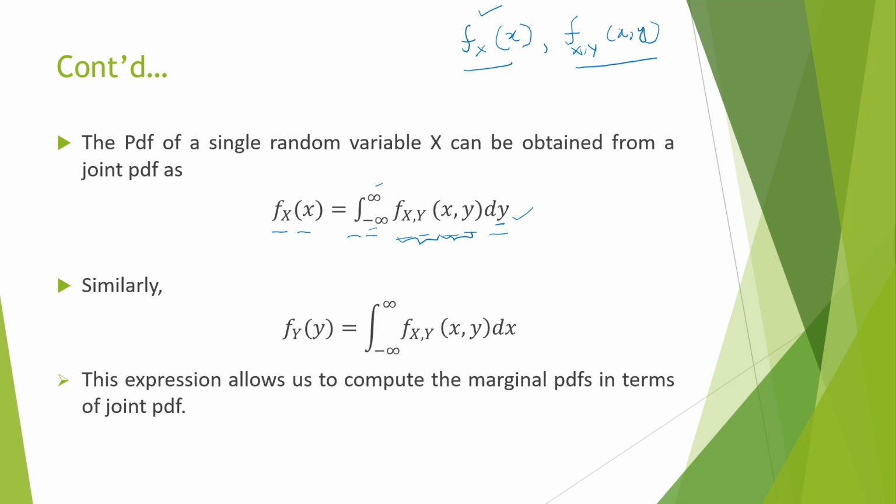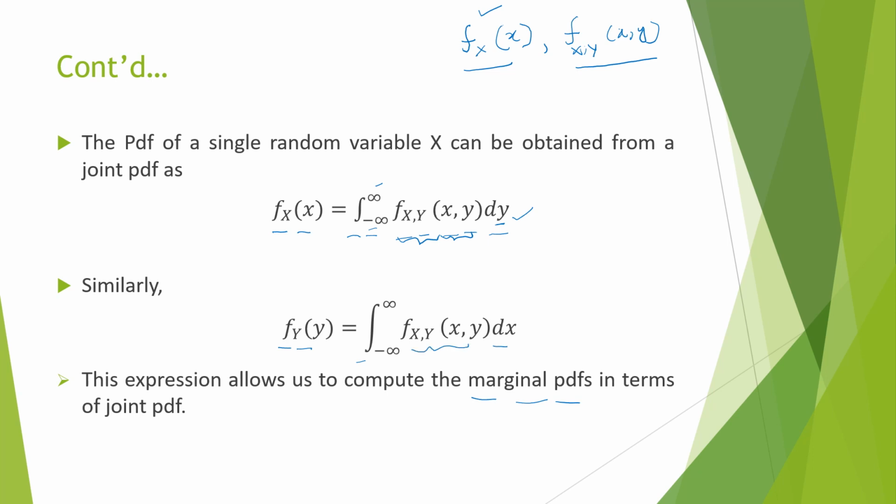These single random variable PDFs are known as marginal PDFs. These PDFs fX(x) and fY(y) are known as marginal PDFs. So we can compute marginal PDFs from the joint PDF. Here the PDF of random variable y can be obtained from the integral from minus infinity to infinity of the joint PDF, where the variable is x, dx.